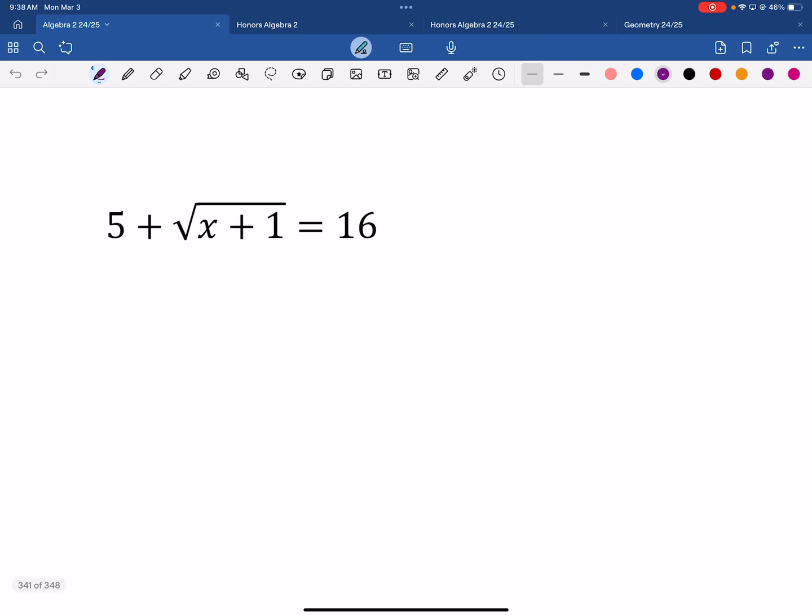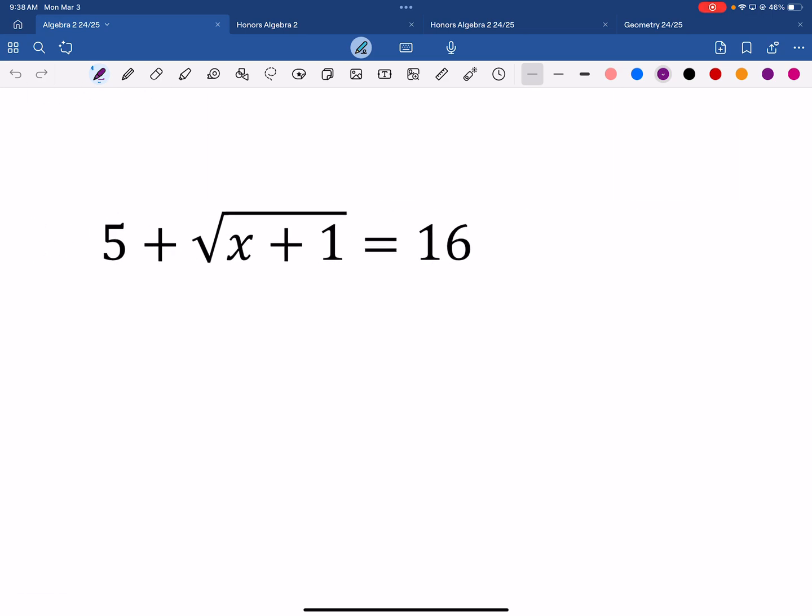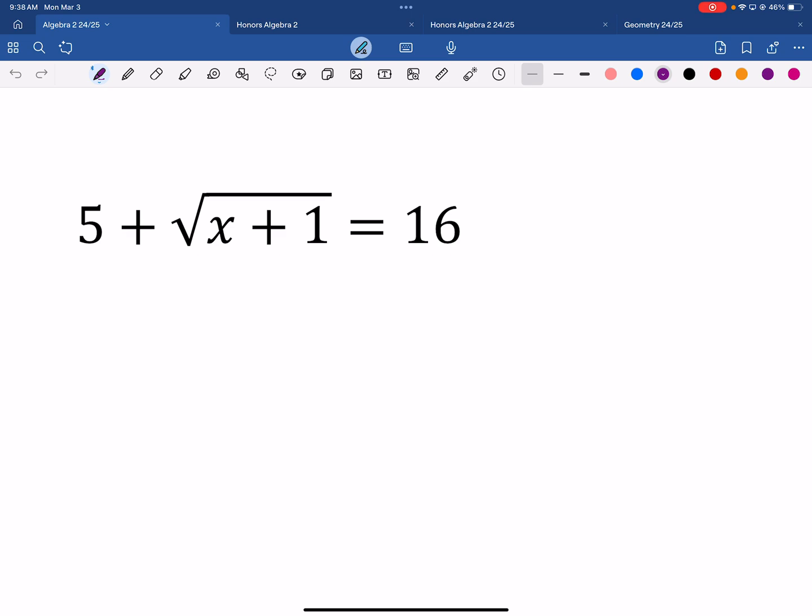All right, now it becomes about looking at different problems and performing those steps. Our first problem: we've got 5 plus the square root of x plus 1 is equal to 16. Step 1 says to isolate the root, so I'm going to highlight the root.